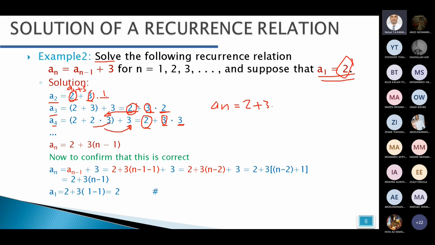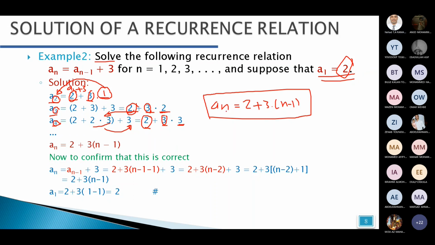So it's multiplied by 1, 2, 3. What's the relation between this and the term? Term 2 is multiplied by 1, term 3 by 2, term 4 by 3. So it's multiplied by the term minus 1. So this is the general solution: term AN is equal to 2 plus 3 multiplied by n minus 1.